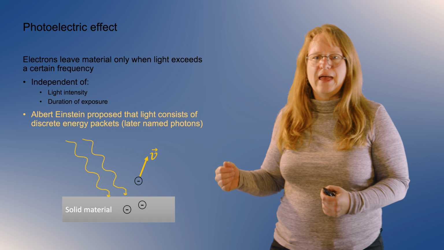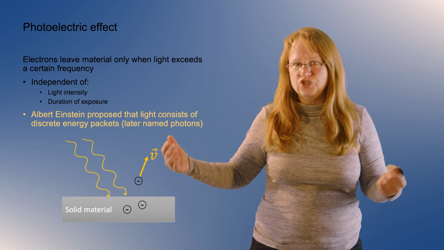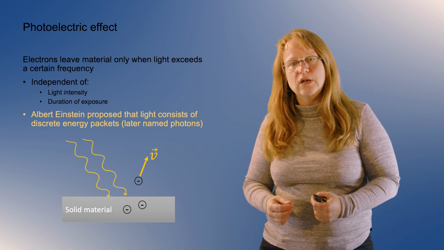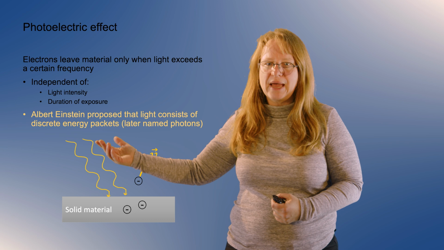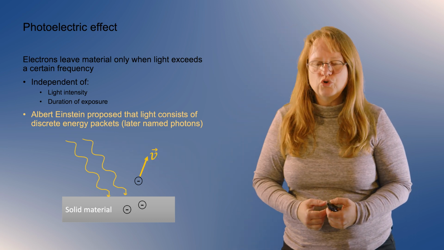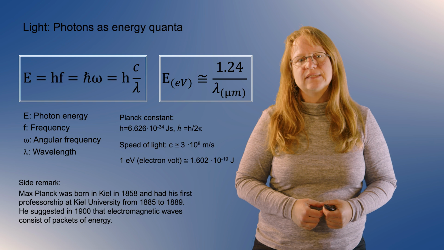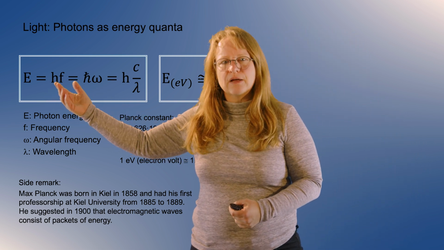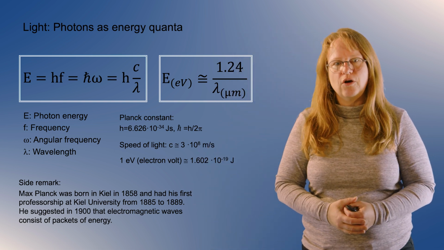So that means that light can be viewed as a radiation wave, but there are also effects that can only be explained if you consider light as energy packets, that is, as photons coming in. And these energy packets have an energy that is given by the Planck constant h multiplied by the frequency of the light.